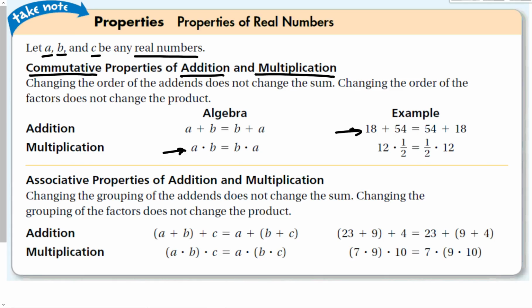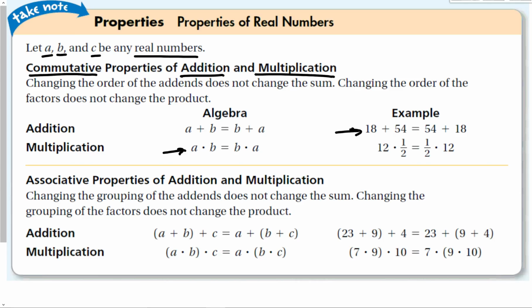We'll talk a little bit about subtraction and division a little bit later, but let's talk about the associative properties first. Okay, so the associative properties of addition and multiplication say that changing the grouping of the addends does not change the sum, or changing the grouping of the factors does not change the product.